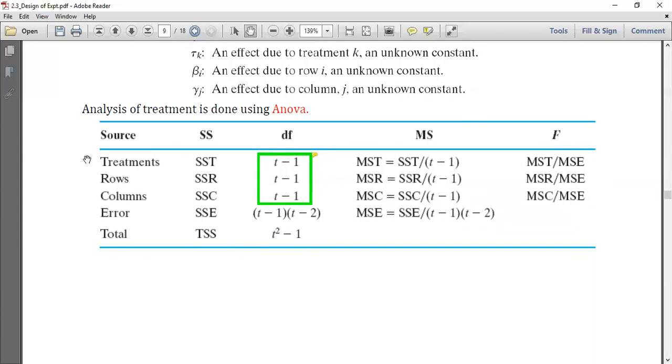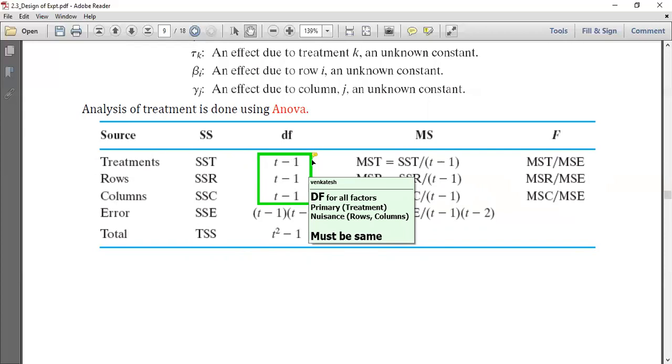We'll get to know whether the treatment is significant or whether other nuisance factors are also significant. So ideally nuisance factors we assume that they are insignificant, but we will come to know here whether they are significant or not. The most important feature you have to see here is the degrees of freedom for all the factors, irrespective of the type, primary or nuisance. Their degrees of freedom is the same.